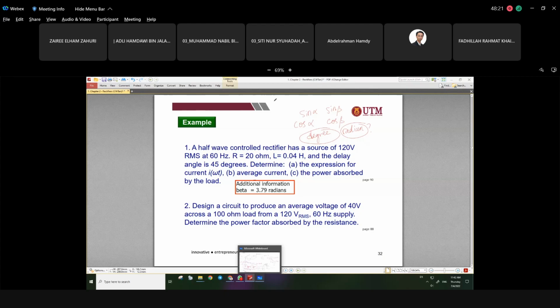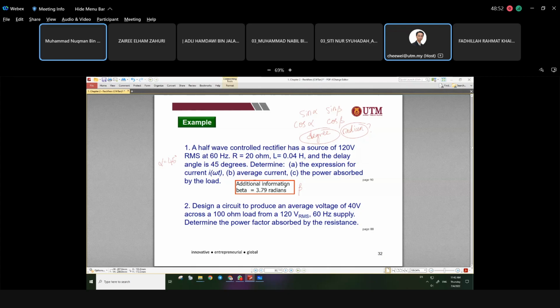Anyone here? Degree or radian? Is it degree, Doctor? Degree, but I got the alpha, which is the delay angle. Alpha equals 45 degree, right? But beta is given at 3.79 radian. So should I mix them or do I have to be synchronous?